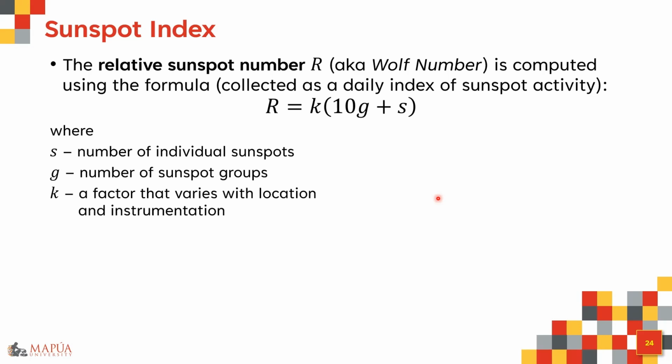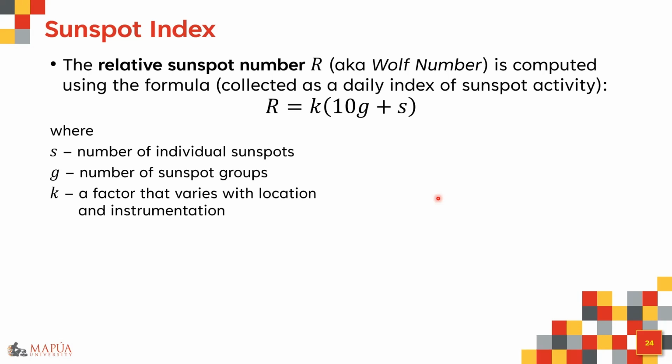Most countries observe sunspots, even Pag-asa. Pag-asa has its own observation of sunspots, and they calculate the relative sunspot number. They submit it to a global database, which collects all observations from all parts of the globe, and they come up with a common relative sunspot number for every day.